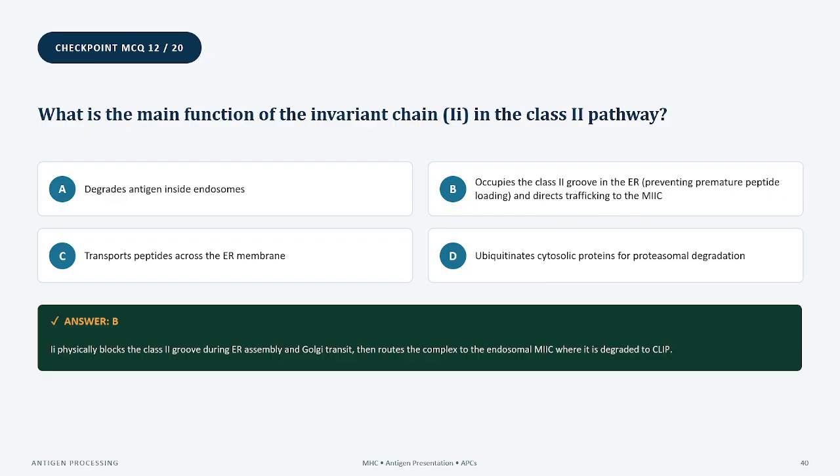Yes. So the invariant chain physically blocks the class 2 groove during ER assembly and the Golgi transit, then routes the complex to the endosomal MIIC where it is degraded to clip.